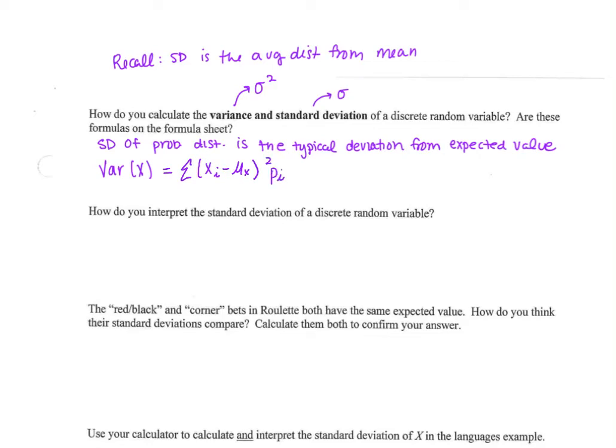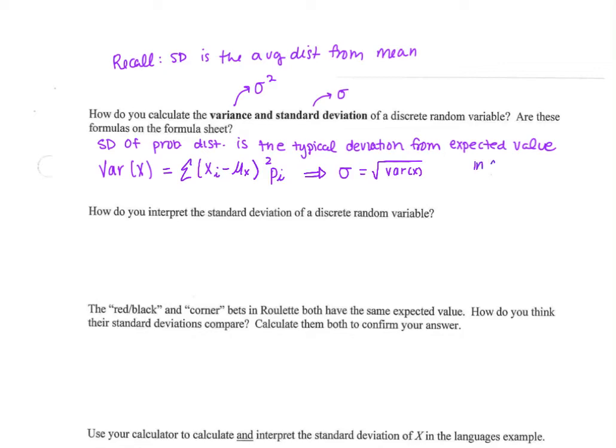So it's your x value minus the mean squared times the probability of that happening. If you want to get the standard deviation from that, then you would take the square root of the variance. And that is why the standard deviation is always positive, not to mention that it is a distance, which you won't have a negative distance.